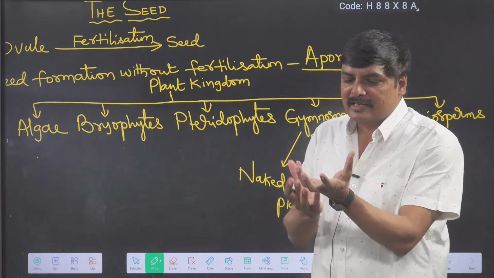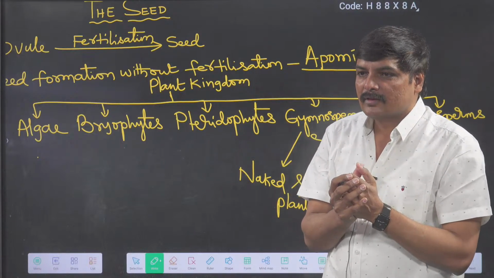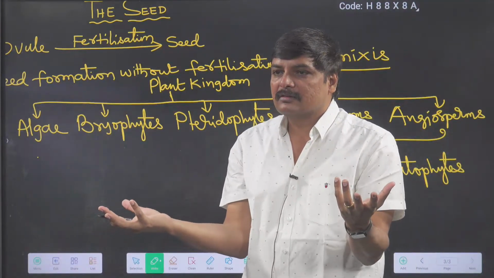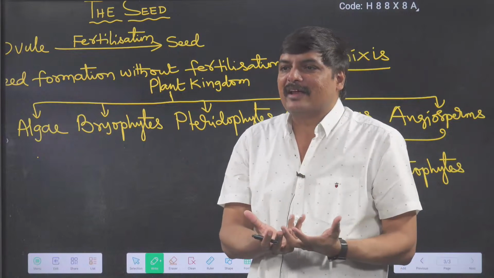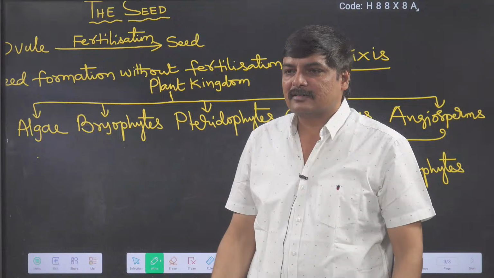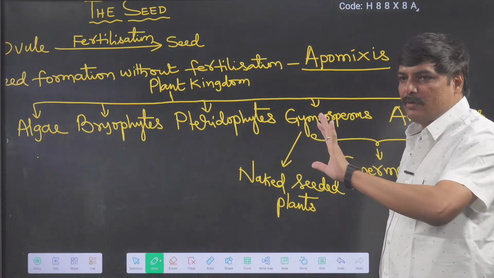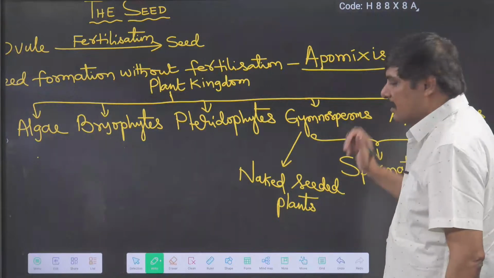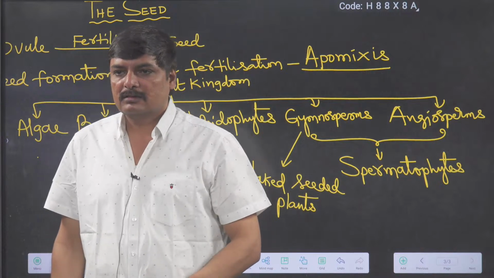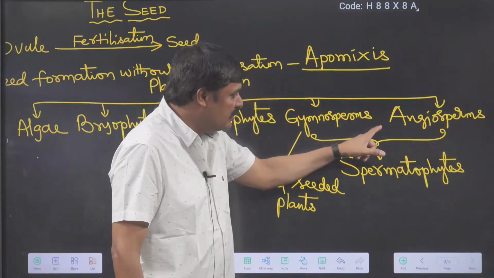Therefore, the seeds are exposed to the outside. They are not covered by any wall, hence they are visible externally. That is why they are called naked seeded plants. Gymnos, naked, not covered by anything. Sperma, seed. So naked seeded plants are gymnosperms.